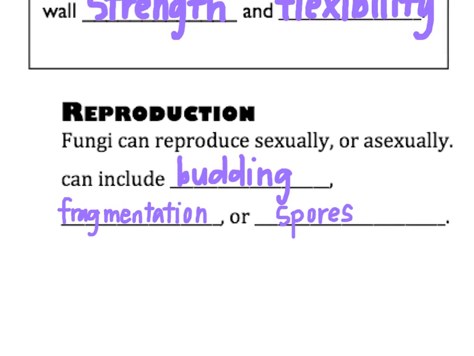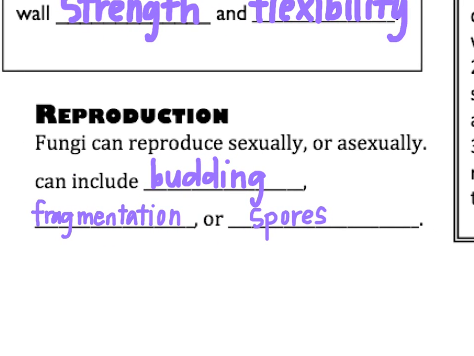And then for reproduction, fungi have several different means of reproduction. They can reproduce either sexually or asexually, and the types of reproduction can include budding, where they just bud off of an original structure, so they produce more organisms just by budding off.